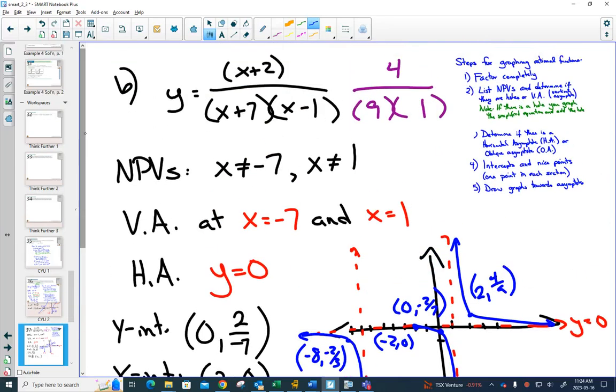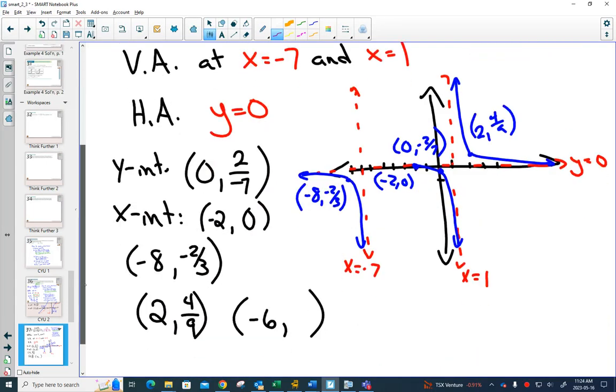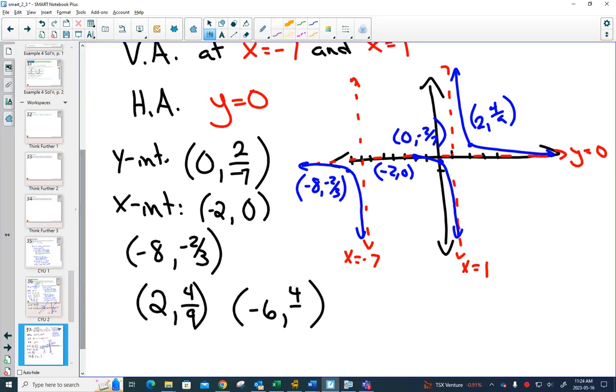Again, I'll go up to the purple, take out my eraser, see what the new values are. If I plug in -6, this will be -4, this will be +1, and this will be -7. -4 divided by -7 is +4/7. So I can label that point -6, 4/7, and that tells me, oh, it had to go up in this section.